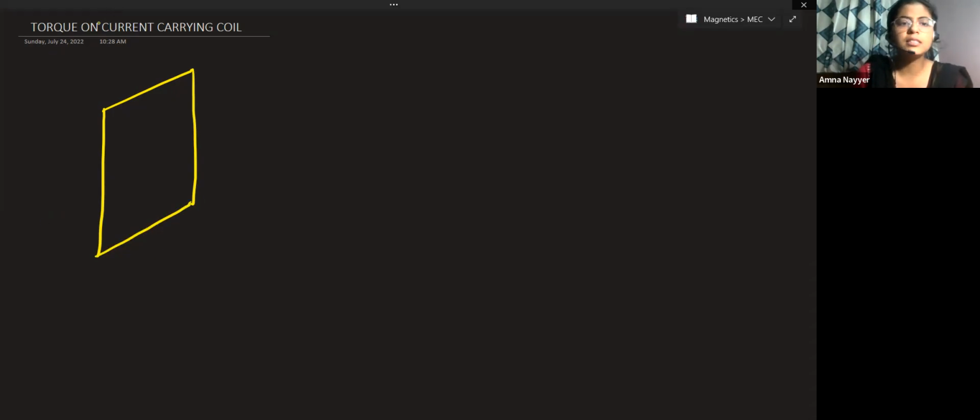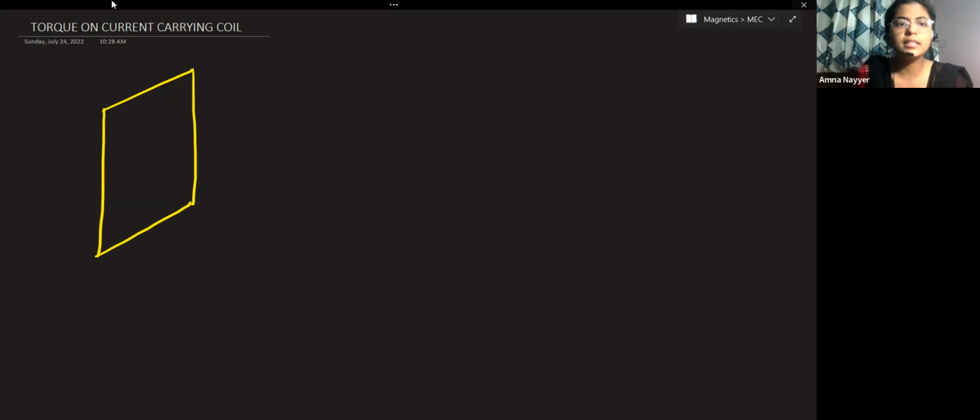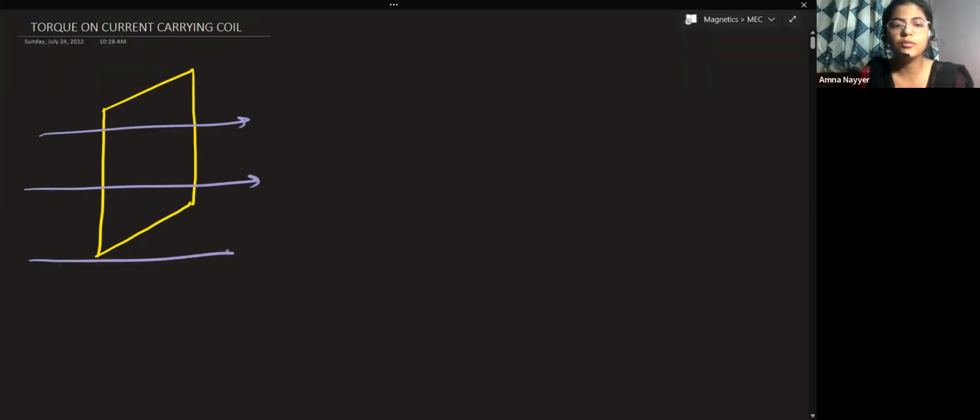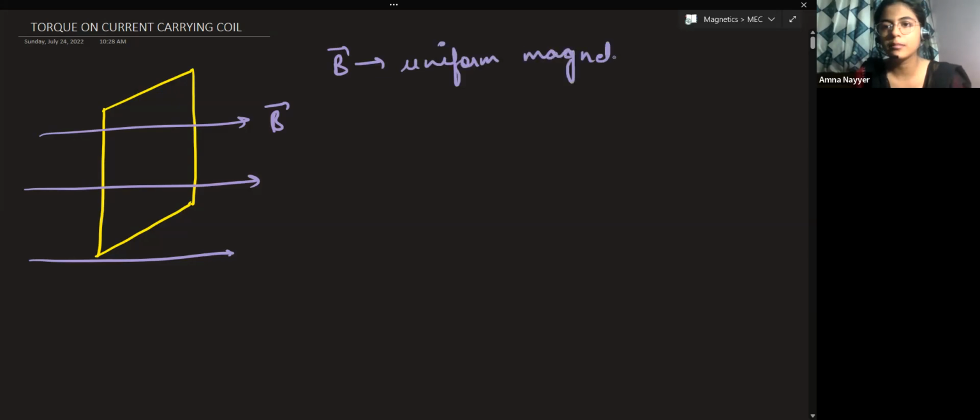Now let's mark some dimensions on this. Let's say this is a uniform magnetic field. So the uniform magnetic field, this is B. B is the uniform magnetic field. Fine.